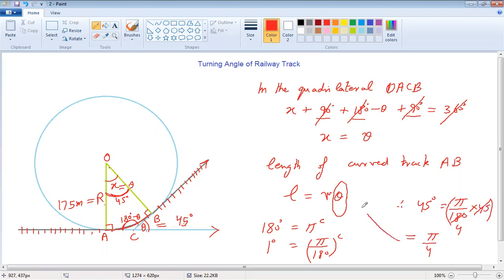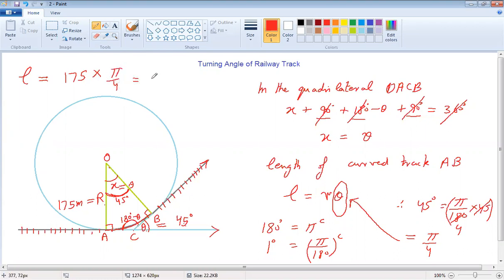Now this is the value of the angle we can use here. So length of the curved track AB is given by radius, which we can take 175 meter, multiply by angle in radian, that is pi by 4.